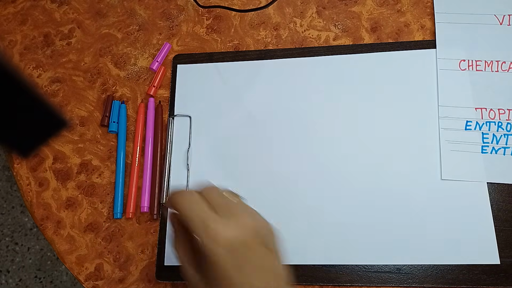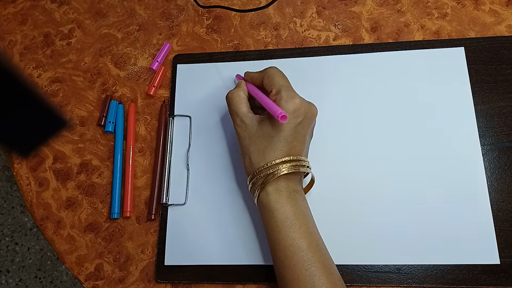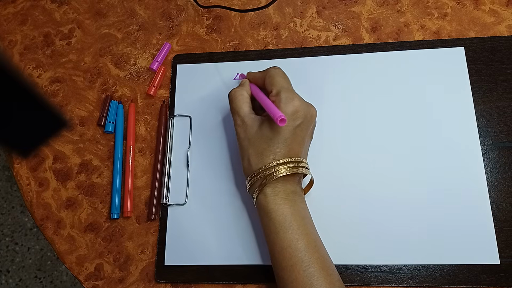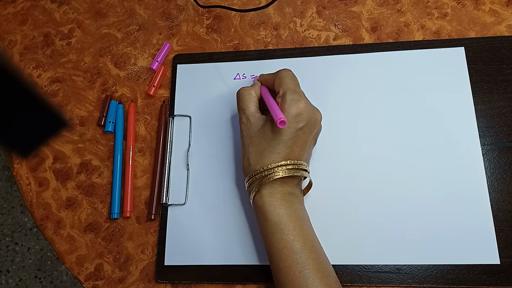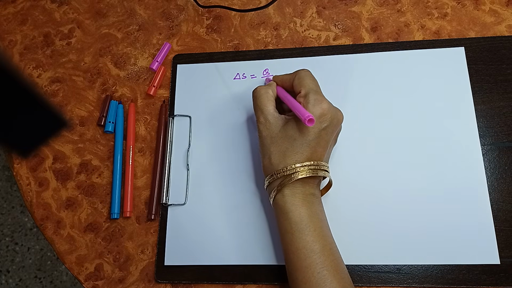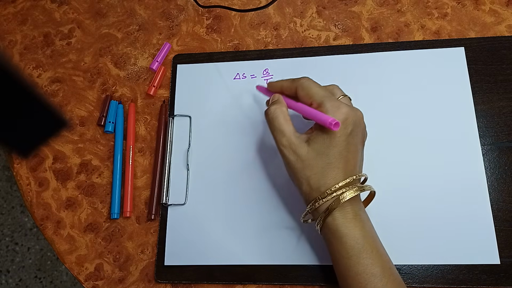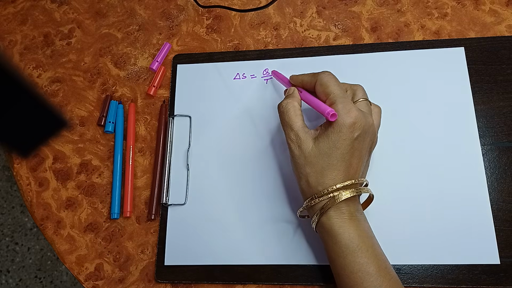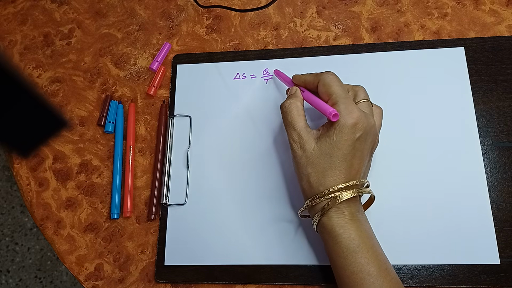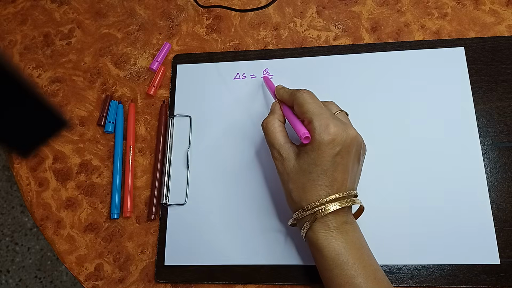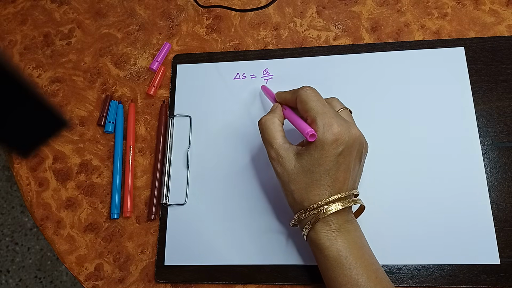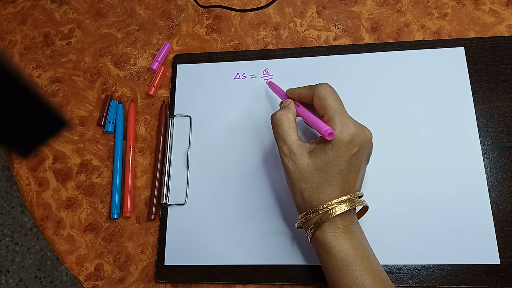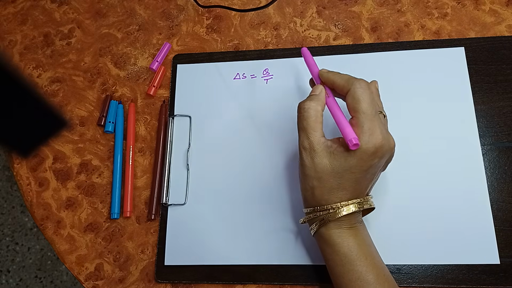In my earlier videos, where I have discussed entropy, we have seen that the entropy change delta S is Q by T. By definition, this entropy change is the heat exchanged reversibly and isothermally, divided by the temperature at which this heat exchange occurs.